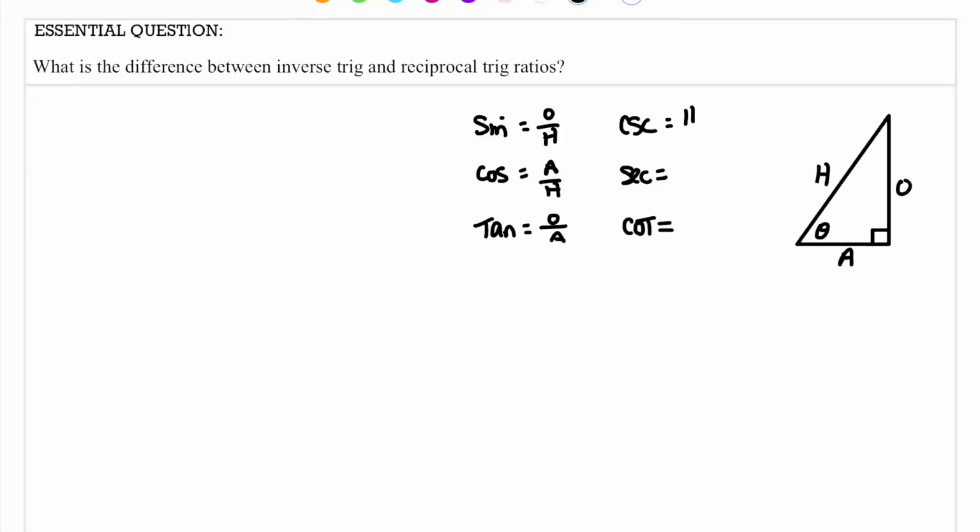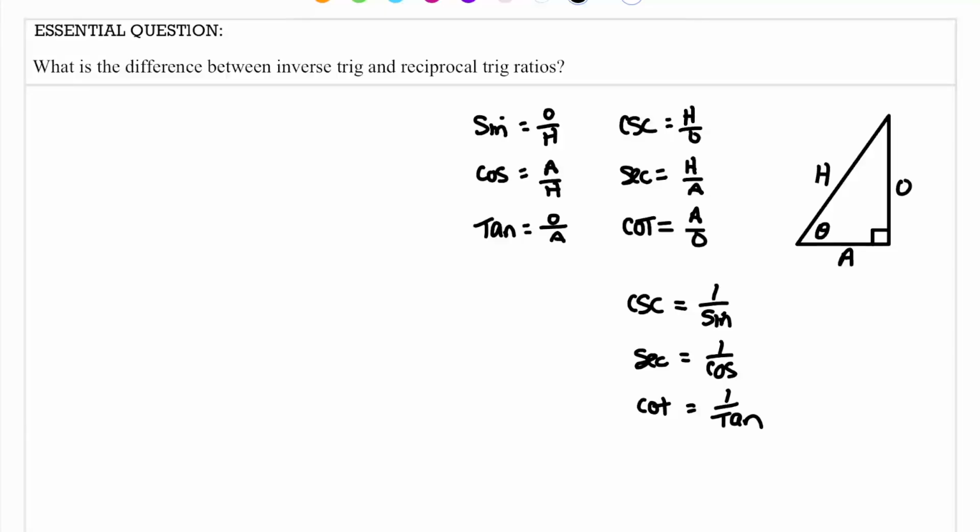So that becomes hypotenuse over opposite, and the hypotenuse over the adjacent, and the adjacent over the opposite. And so you could also look at that as cosecant equals 1 divided by sine, and secant equals 1 divided by cosine, and cotangent equals 1 divided by tangent.